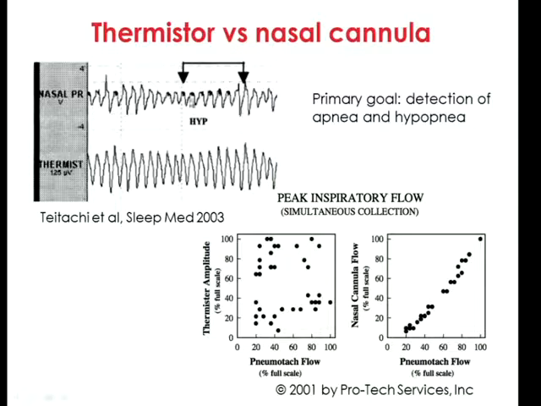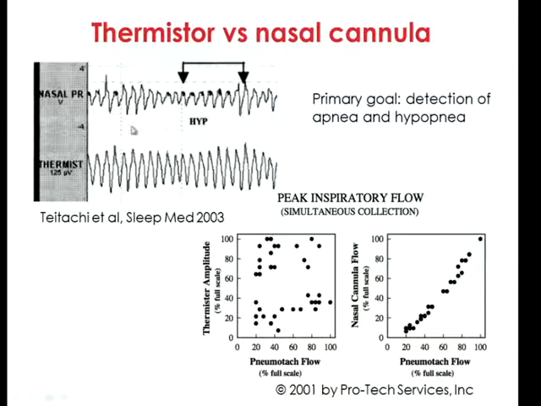The nasal pressure is known to be much better at detecting half apneas, or sort of apneas, compared to the thermistor. Here you can see that with a thermistor, it looks like nothing has happened, because it's not very sensitive to the actual pattern of flow.